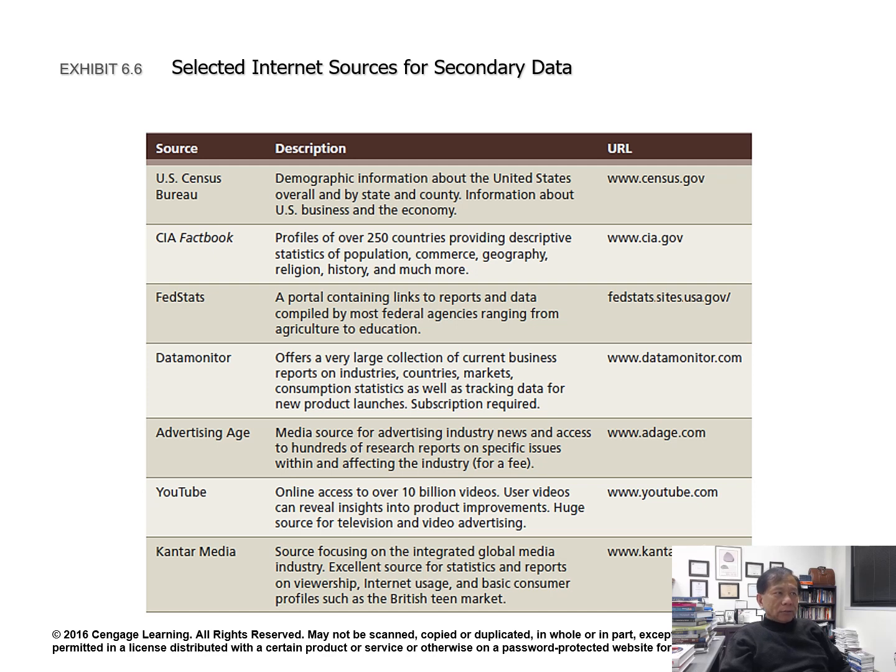The CIA has a profile of over 250 countries, providing descriptive statistics on population, economy, commerce, geography, religion, history, and much more. You'd be surprised. They do a really good job and it's always updated. It's an interesting place to look for data.